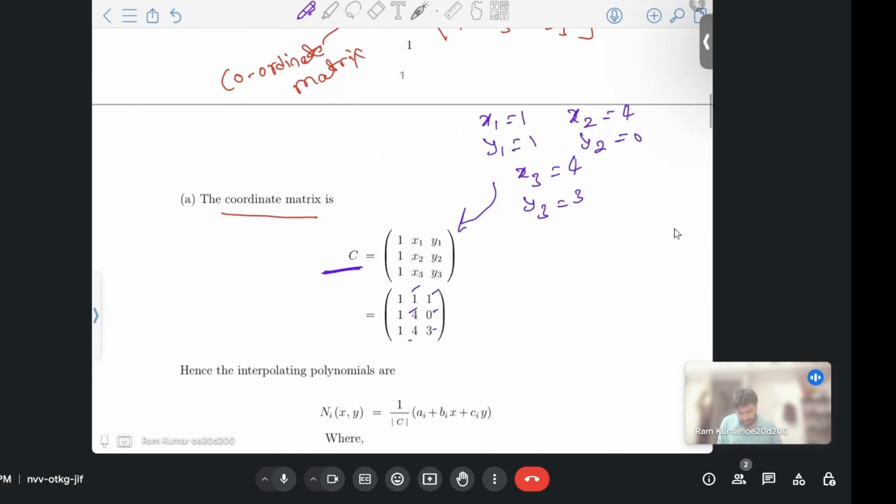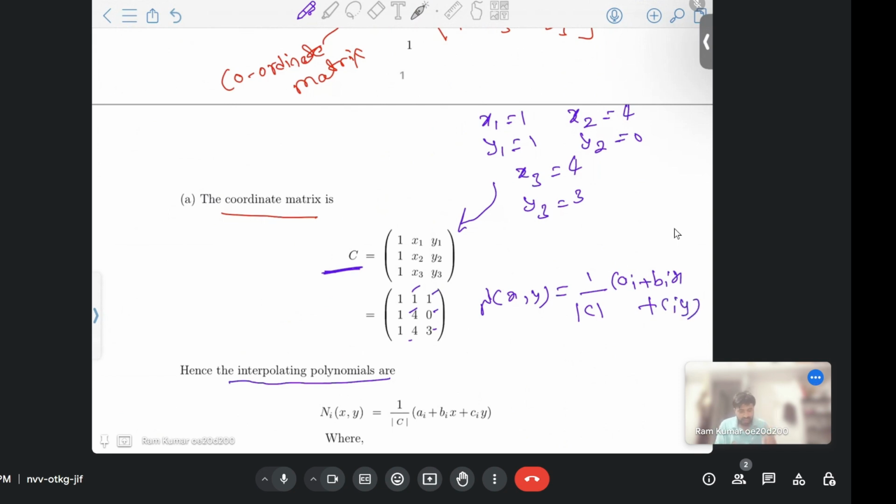Now we are going to write the interpolating polynomial. For a triangular element, we write the interpolating function like this: N(x, y), this is a 2D element, equal to 1 by the determinant of the coordinate matrix, times ai plus bi x plus ci y.